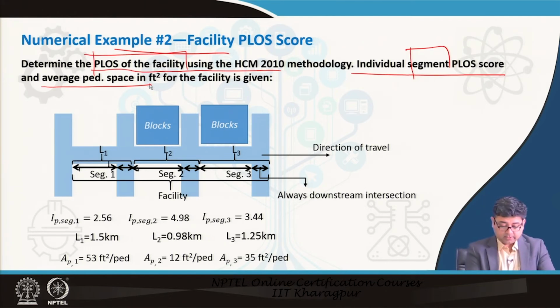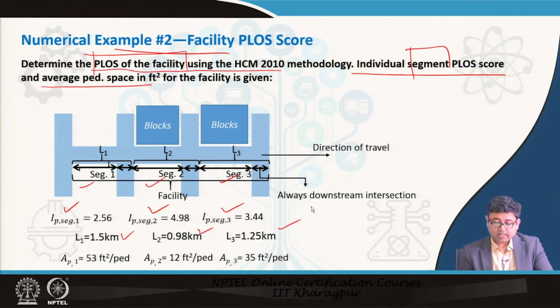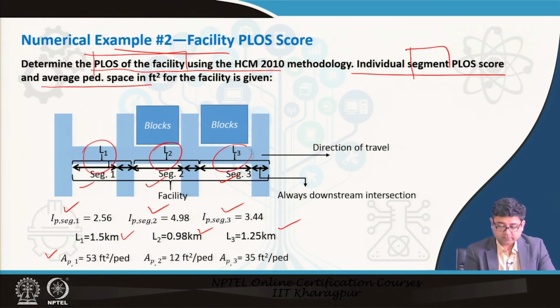So, if you are given 3 different segments, and you are told the segment pedestrian level of scores, the length of each segment, and the average area available along each of these segments.